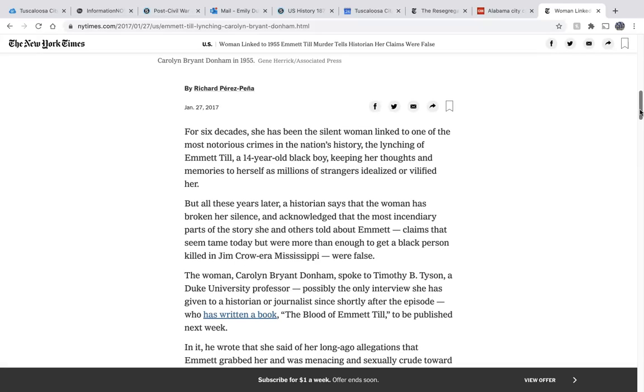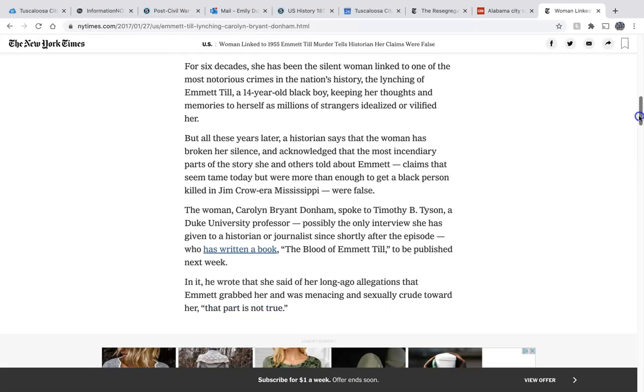But all these years later, a historian says the woman has broken her silence and has acknowledged that the most incendiary parts of the stories she and others told about Emmett, claims that seem tame today, but were more than enough to get a black person killed in Jim Crow-era Mississippi, were actually false.